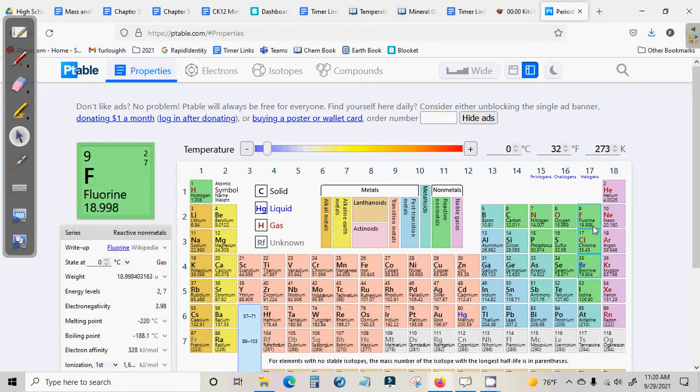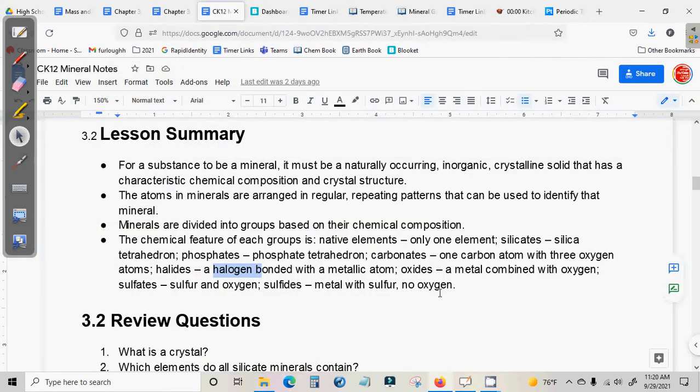And when one of these guys bond with a metal, that's when you have a halide. Oxides are a metal combined with oxygen. So like iron oxide, aka rust, is a mineral. Sulfates are sulfur and oxygen, and sulfides are a metal with sulfur but no oxygen.